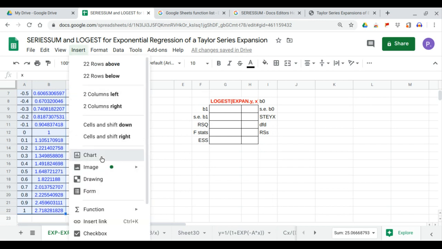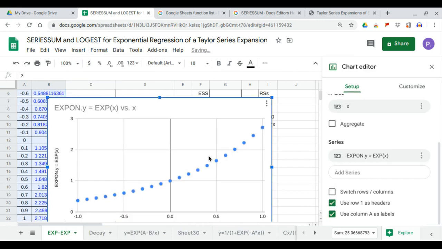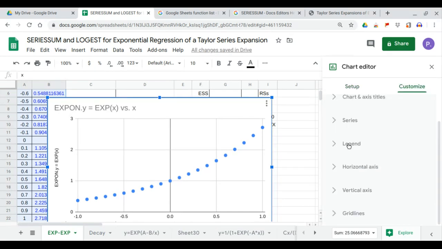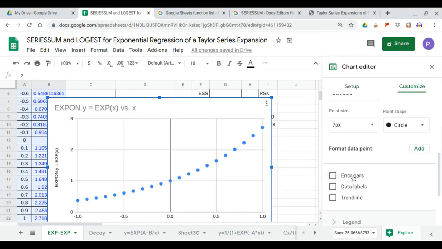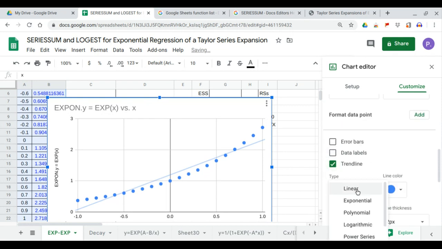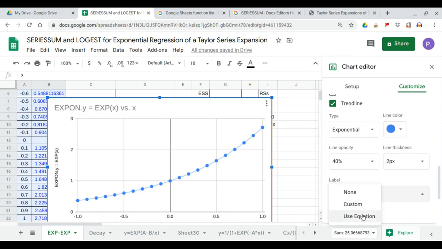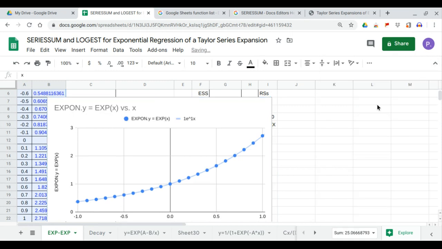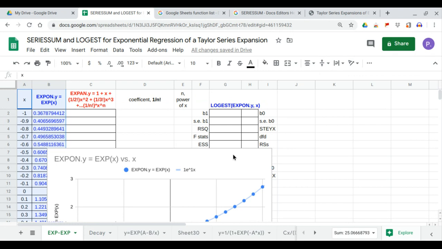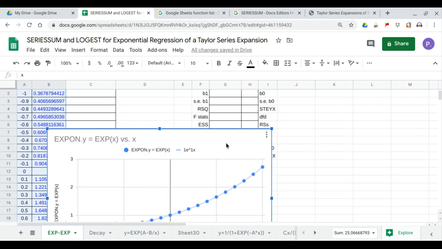Insert chart, and we show the trend line in the exponential form. So here we have the trend line equation of our existing dataset.